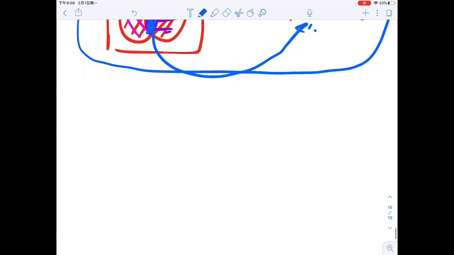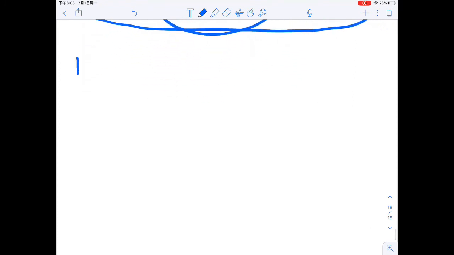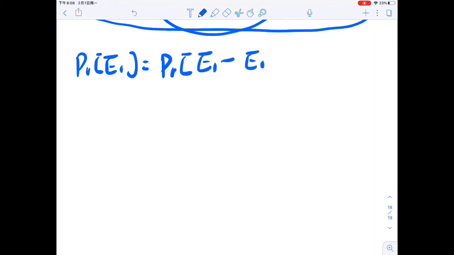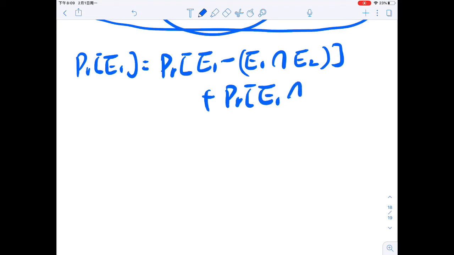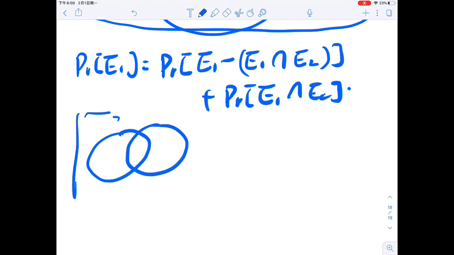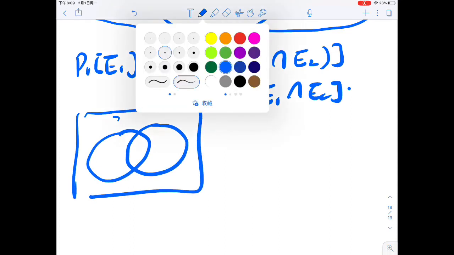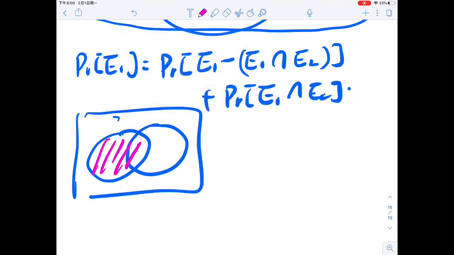So let's walk through what's inside the textbook. The textbook first says: let me compute the probability of E1. The probability of E1 equals the probability of E1 minus E1 intersect E2, plus the probability of E1 intersect E2. Why is that? Let me draw the Venn diagram again. Assume this part is E1.